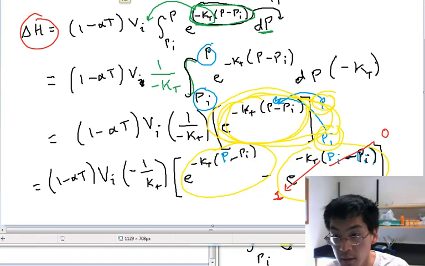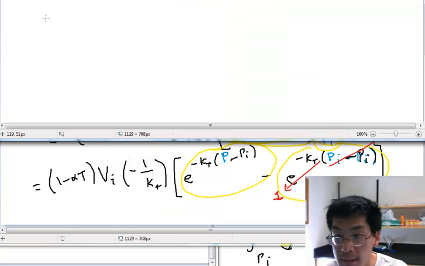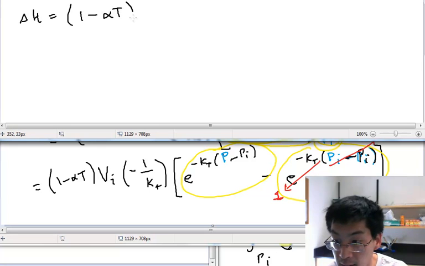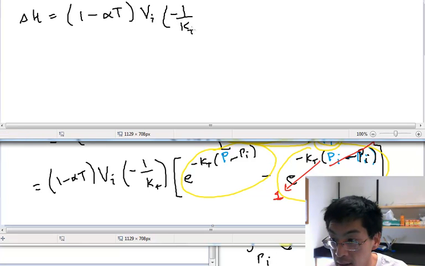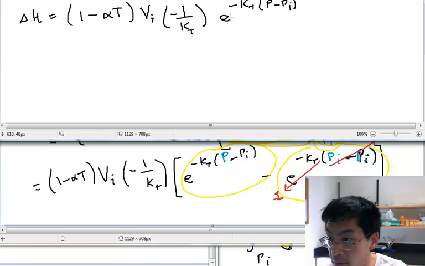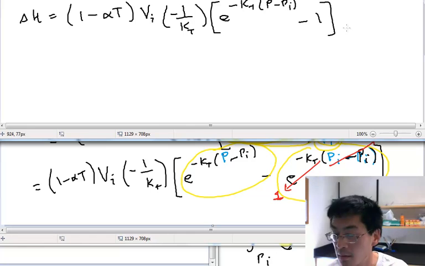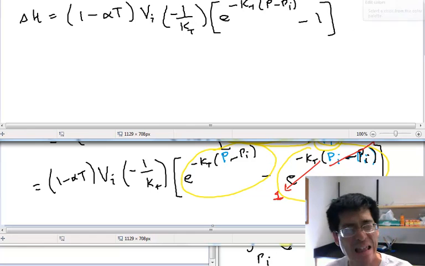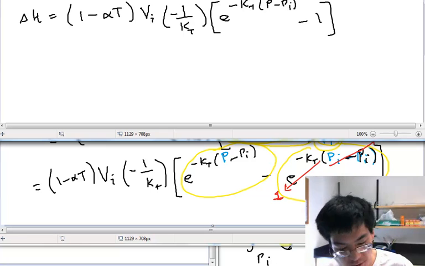So what I was dealing with was all delta H. Okay, delta H is equal to 1 minus alpha t vi over kappa t, e to the minus kappa t p minus pi. This is an exponent, all right? Minus 1. Okay, so that looks a lot like the original equation in the problem.